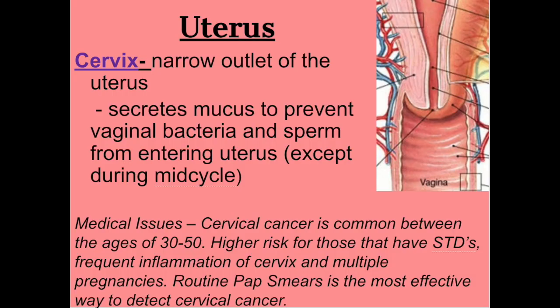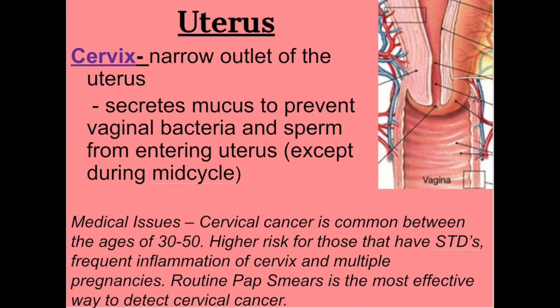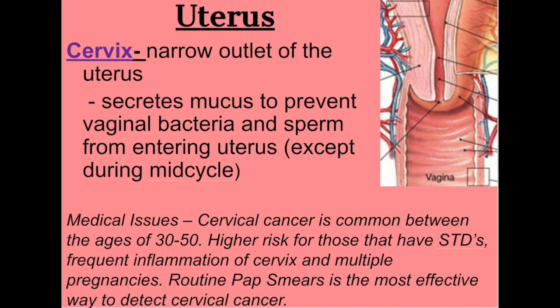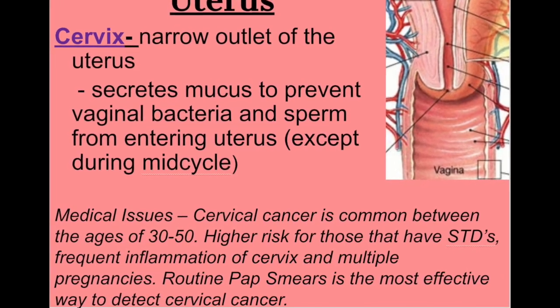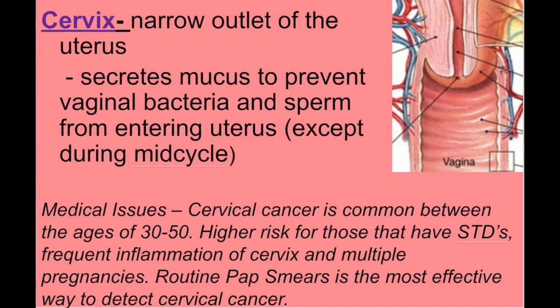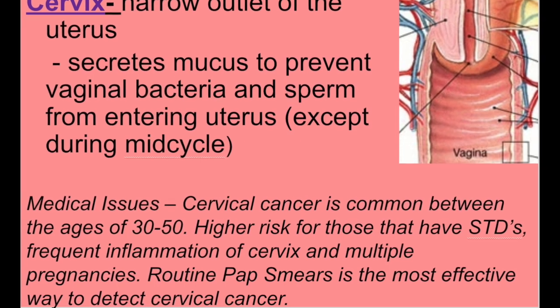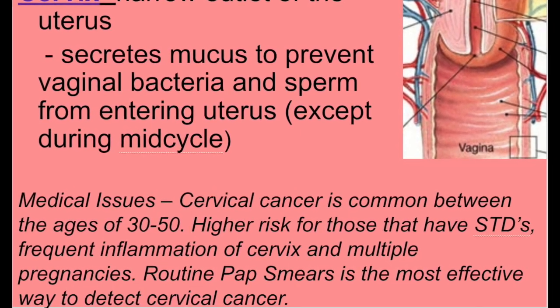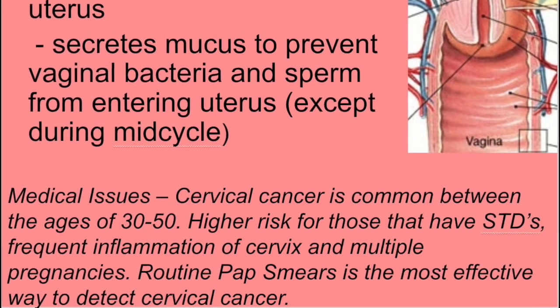Cervical cancer is a common medical concern, specifically for those between the ages of 30 to 50. Those that are sexually active have a higher risk due to an increase in inflammation of the cervix due to multiple pregnancies, as well as the potential risk for STIs, such as HPV or human papillomavirus.